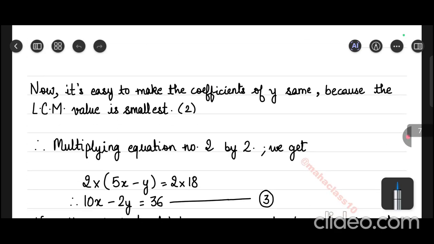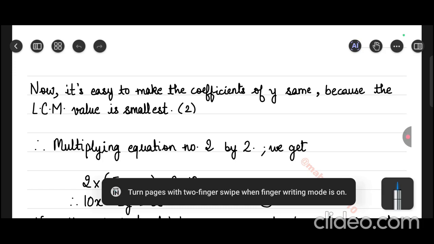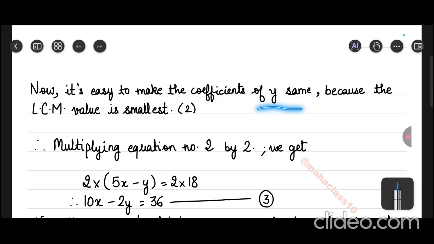So it is easy to make the coefficients of y the same because the LCM value is smallest for y, that is 2.